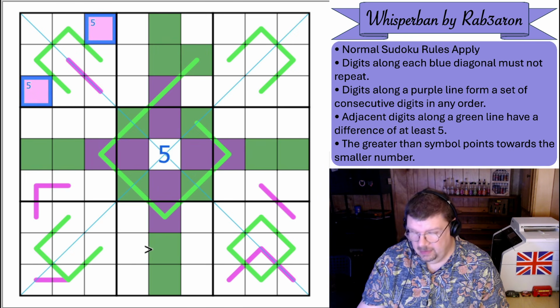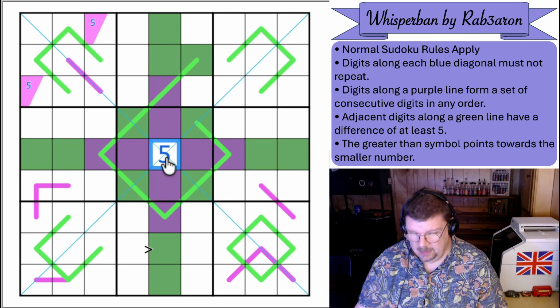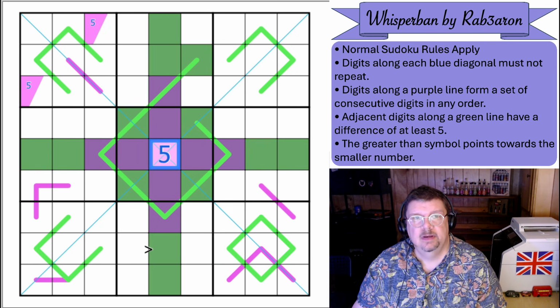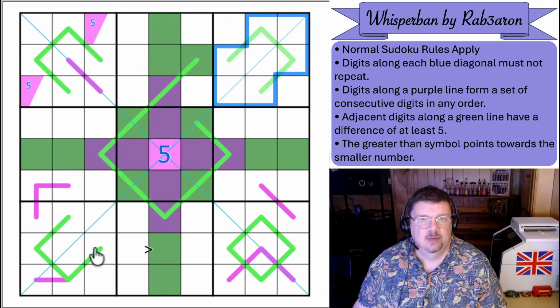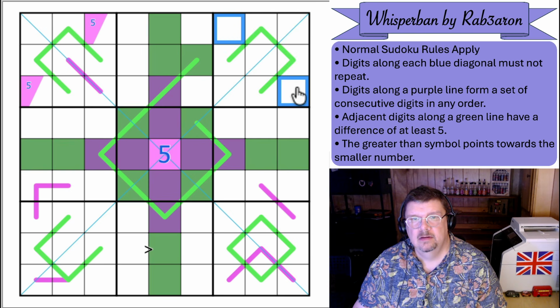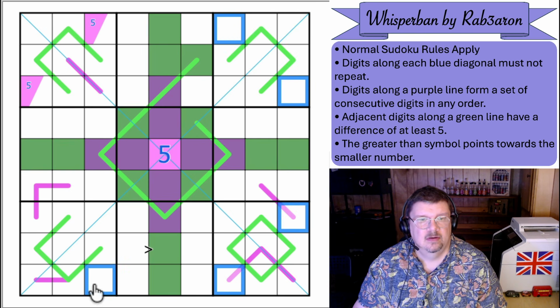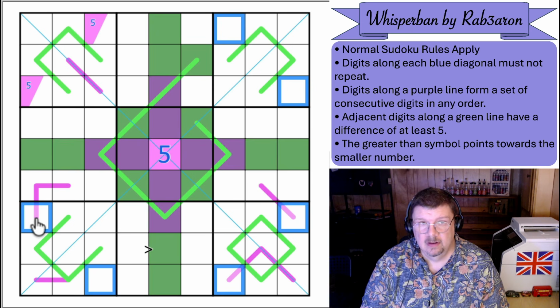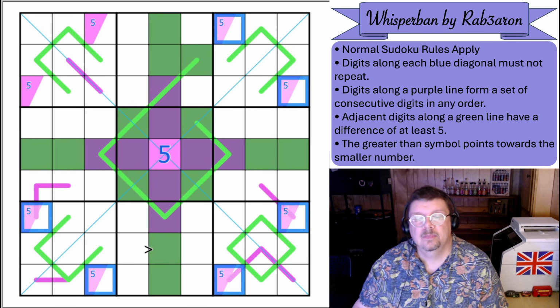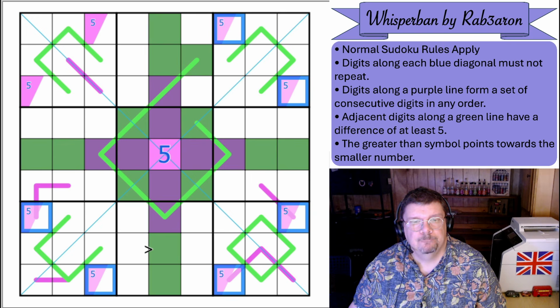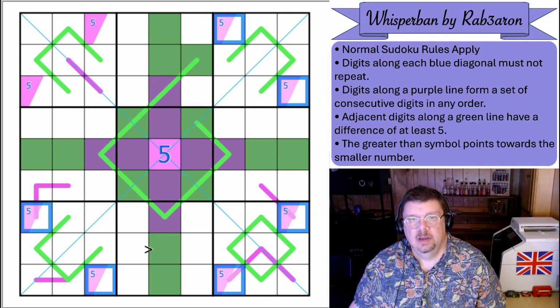And actually, I'm going to color those pink because I suspect that will be a little helpful. Similarly, I can't place 5 in any of those, and I've got similar stuff going on in the other corner boxes as well. So that means that all of these are potential 5s. Okay. What can we do next?